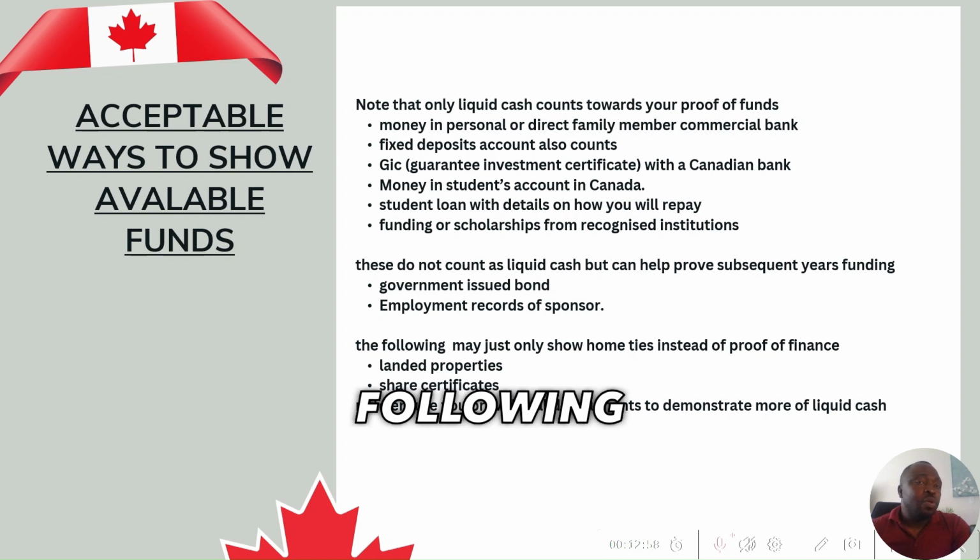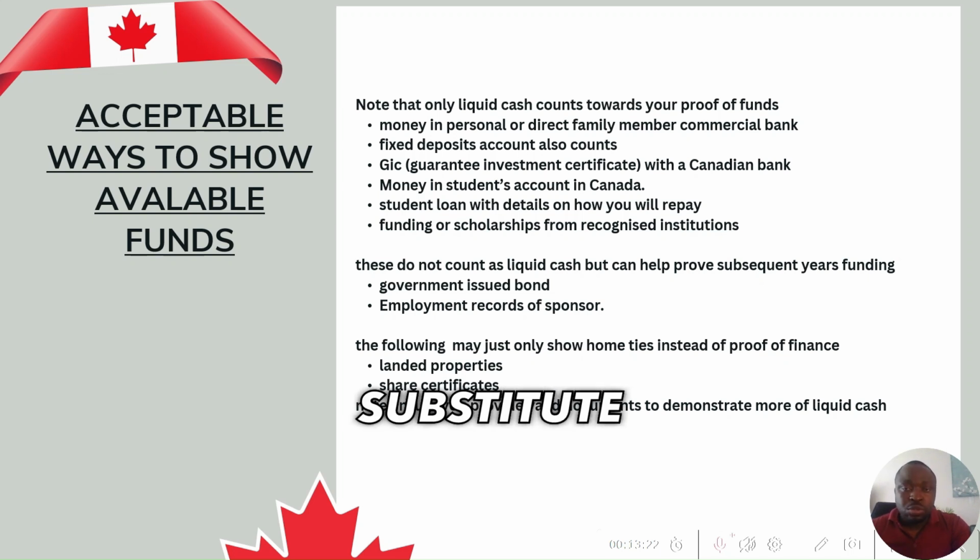Now, all the following documents that I'm going to list below don't show available funds, but they can show that you have ties to your home country. It includes your landed properties, your share certificates, your pension history, or your pension statement of account. They are not liquid cash.